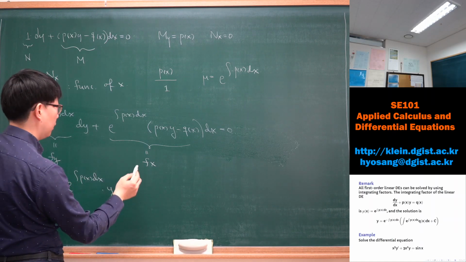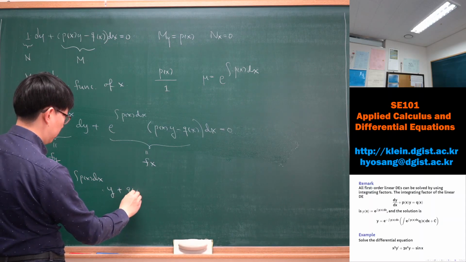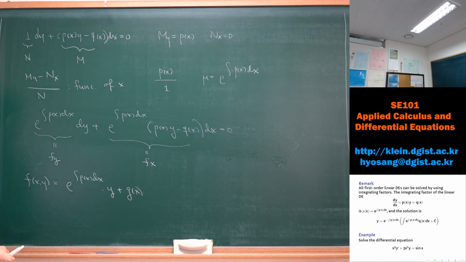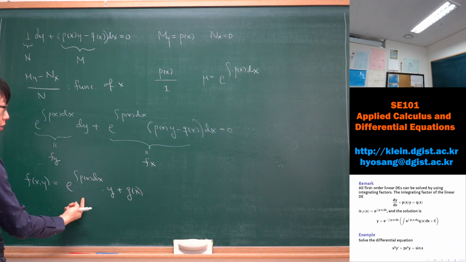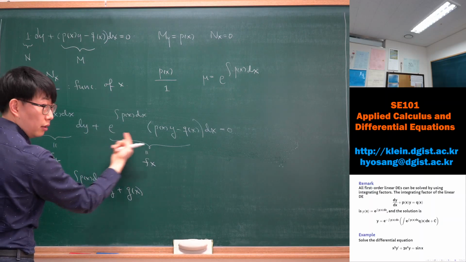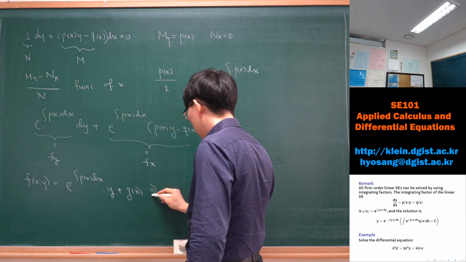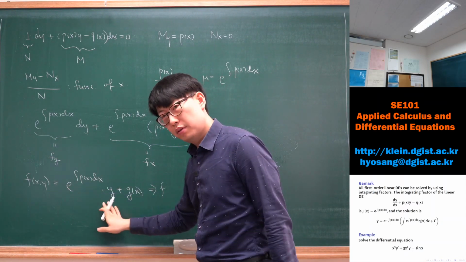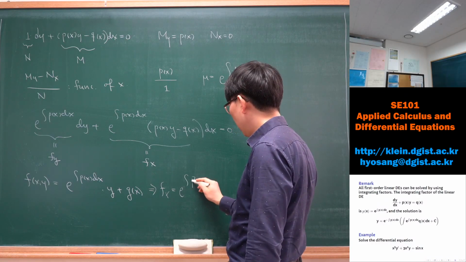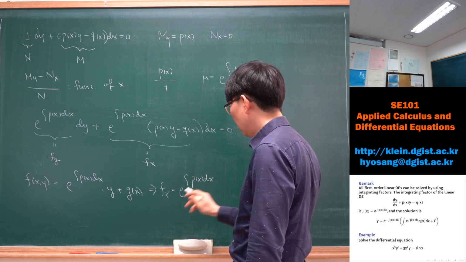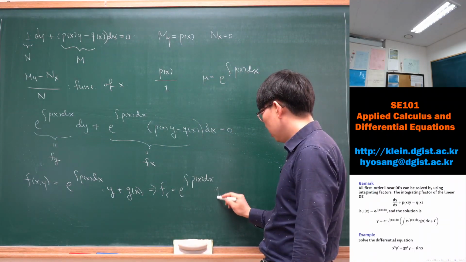So let's say g(x) here. And if I take the partial derivative of this formula in terms of x, I want to get this result. So if I start from this guess, then fx is e to the integral p(x) dx, the same thing because this is an exponential function, and y is considered to be constant.